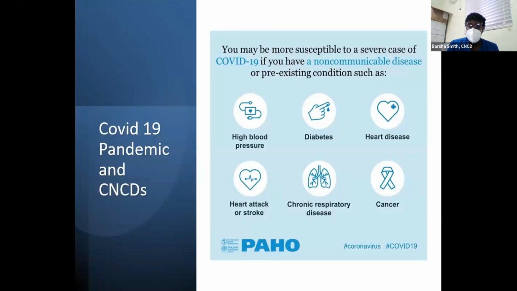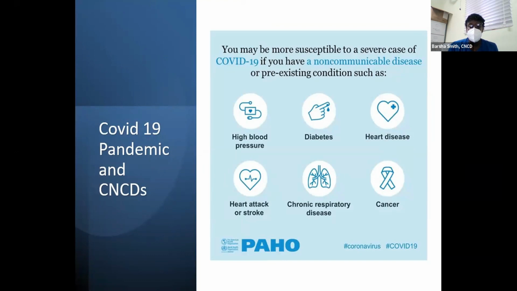A major concern for us in CNCD is the relationship between COVID and CNCDs. What was found early on in COVID was that the persons with the poorest outcome, or who were dying, were the patients that had comorbidities.